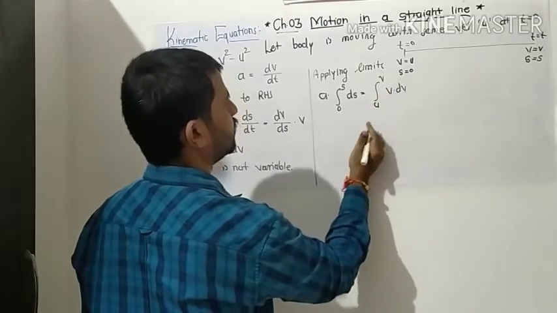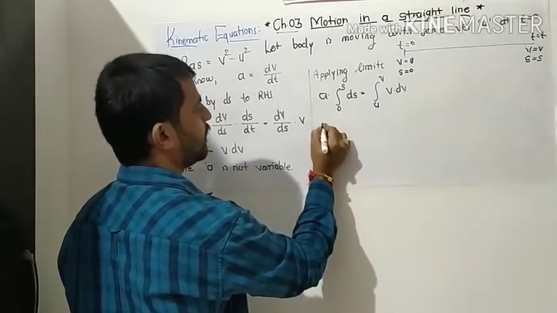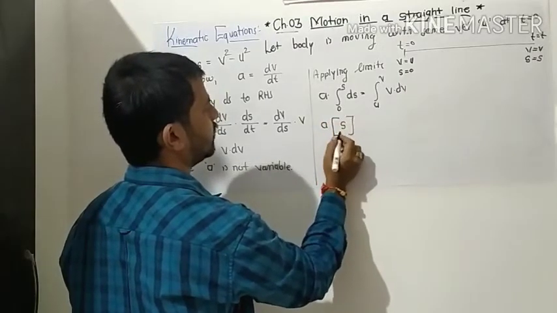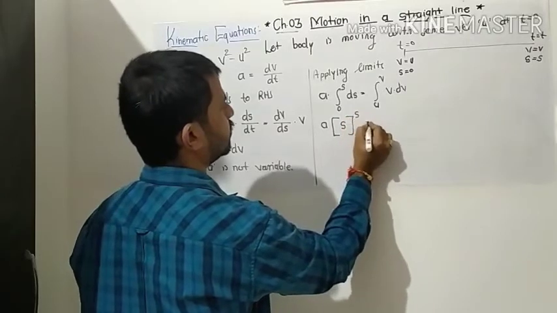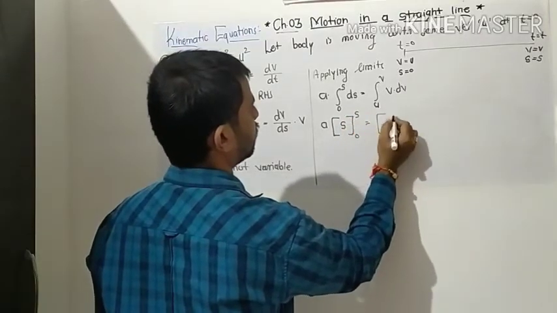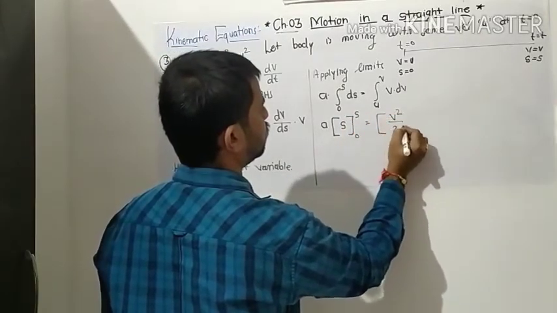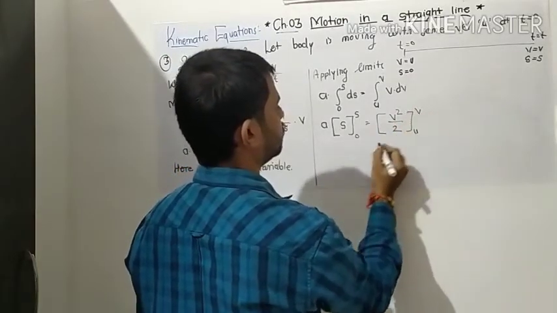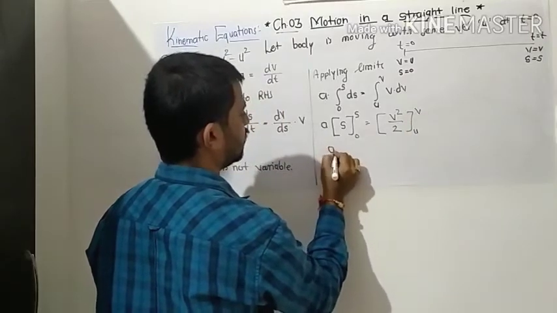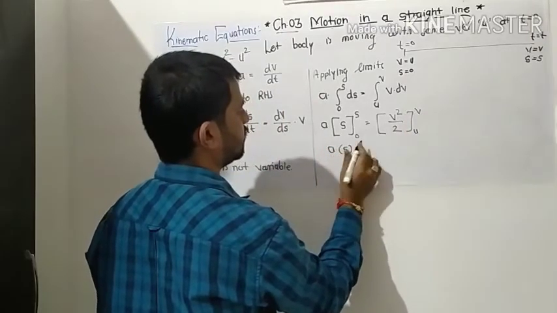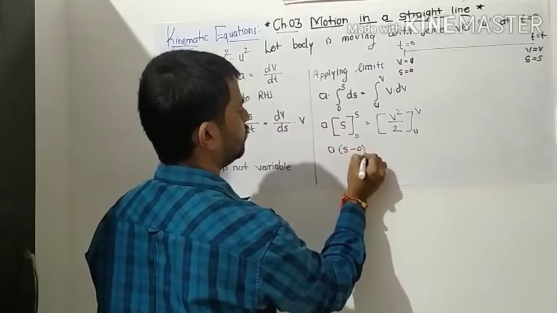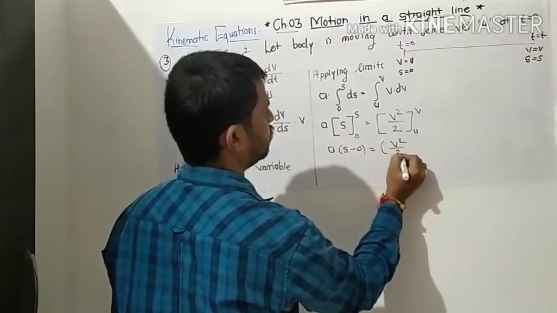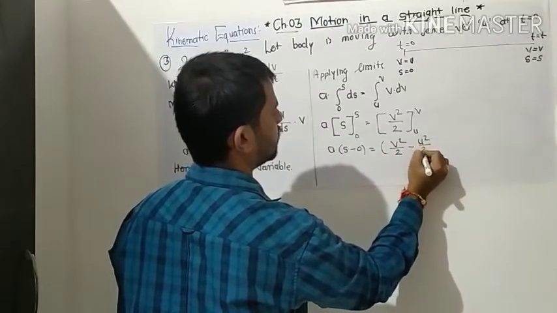Then when we apply the limits, we get a into bracket s minus 0 is equal to the integration of v, which is v square by 2, from u to v, so v square by 2 minus u square by 2.